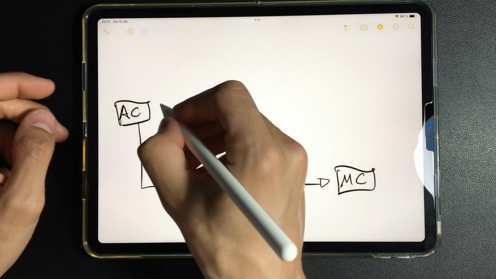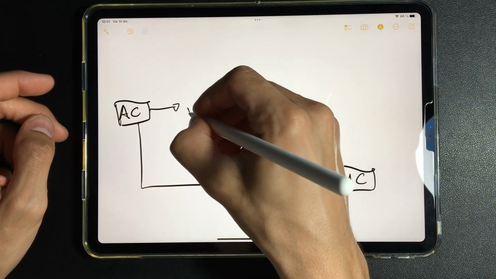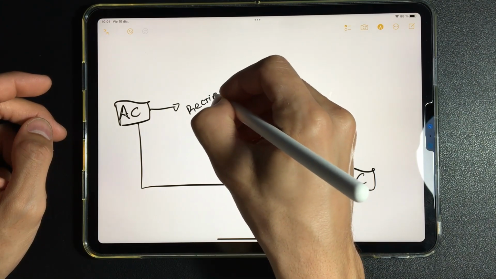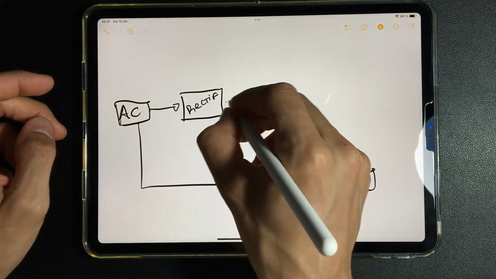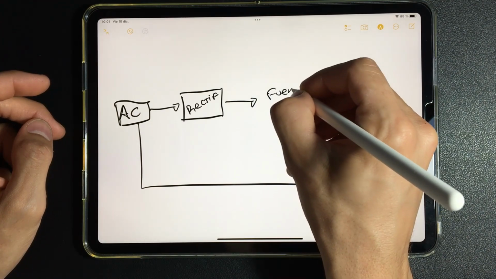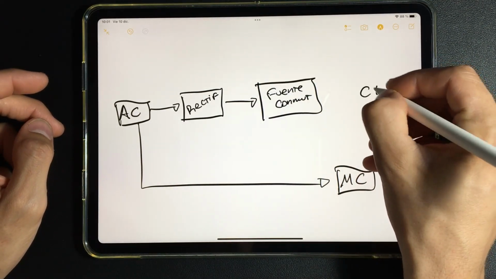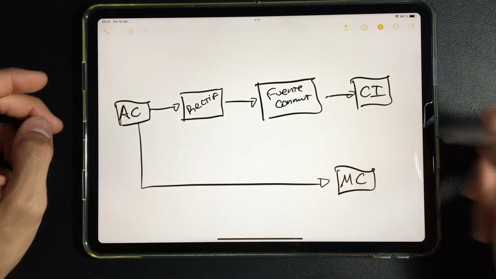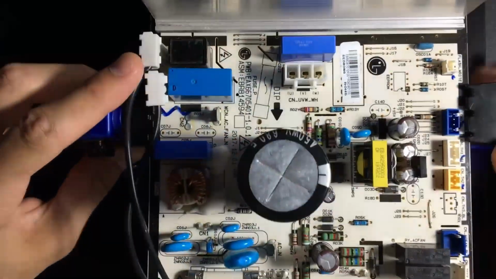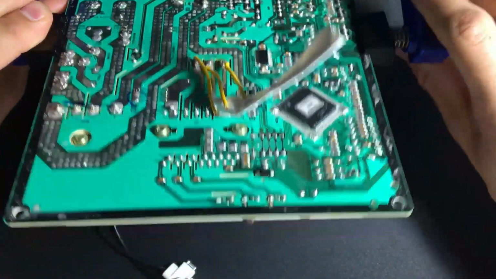And on the other hand, we had rectification, the switched mode power supply and the integrated circuit. By integrated circuit, I refer to the microprocessor, the brain that commands everything.